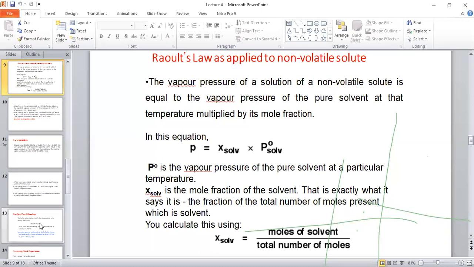The total number of moles here is the moles of solvent plus the moles of the non-volatile solute.